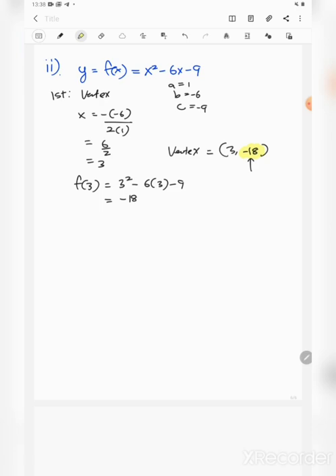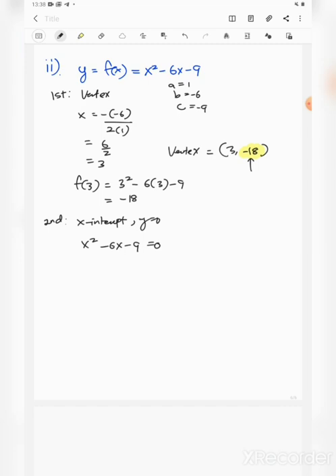Okay, second step, you have to find the x-intercept. For the x-intercept, you have to set y equal to 0. So x squared minus 6x minus 9 equals 0. You can just press your calculator. So we get the values a is 1, b negative 6, c negative 9.